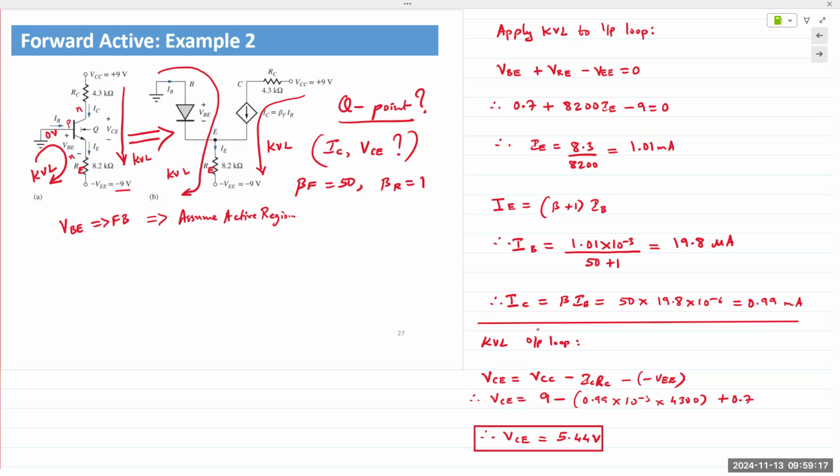So the Q point is 0.99 milliamps and 5.44 volts.